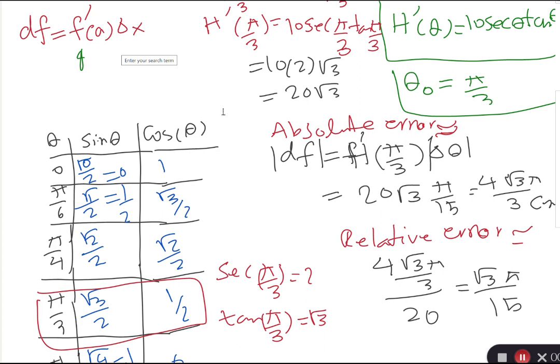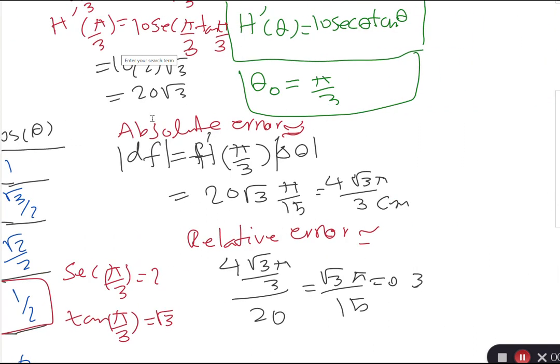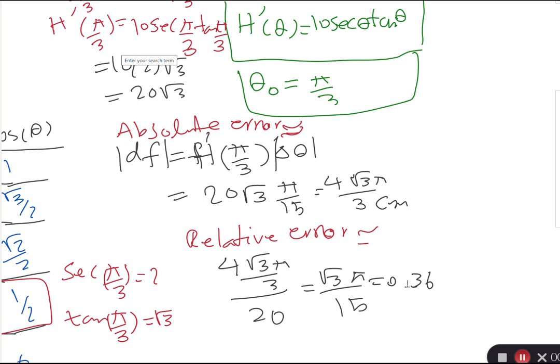And so when you figure out what it is, it's approximately 0.36, which multiplied by 100 is 36.66, which is about 36.6%.